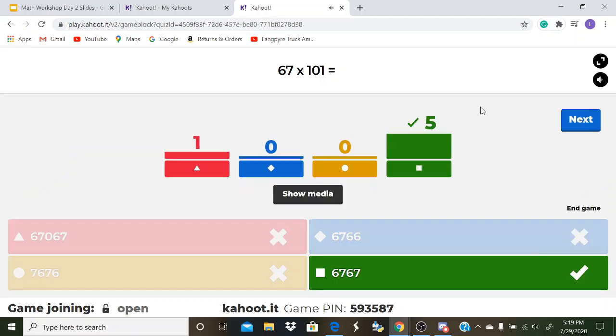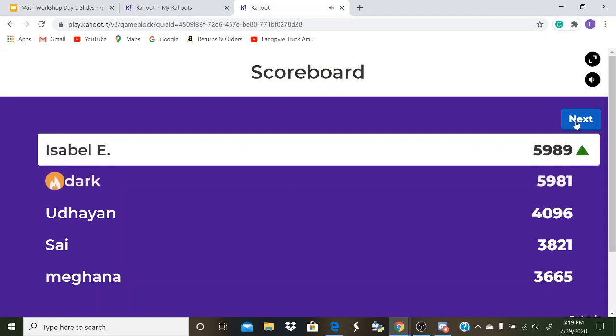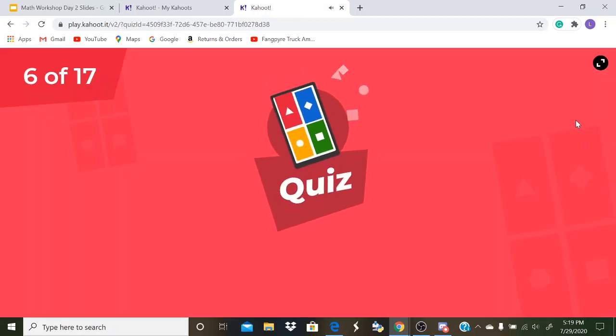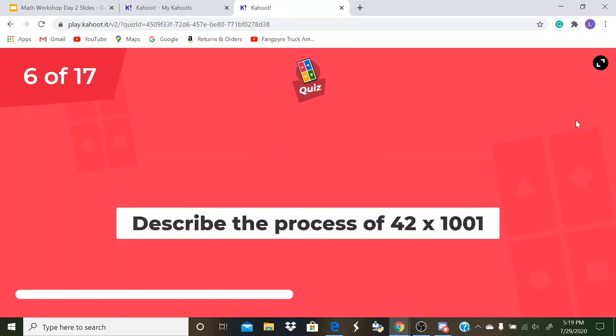Okay. So this one you just write it down twice. You only put a 0 in between if it was multiplying by 1001, but this is 101, so that's why. It froze. Oh no, it's back.